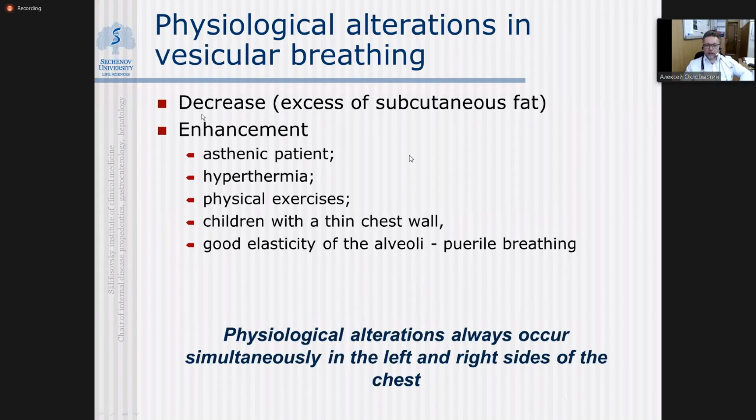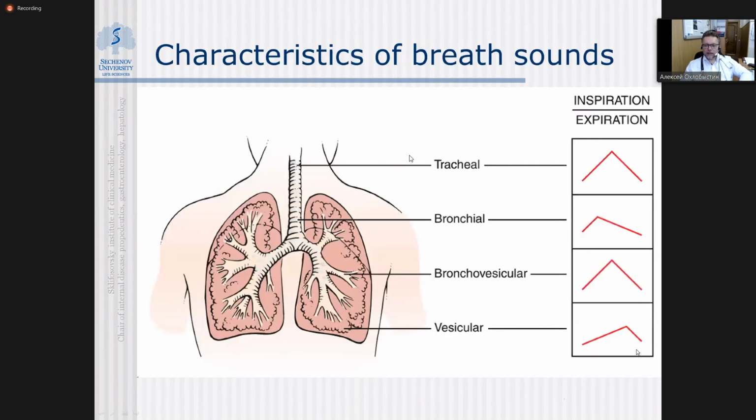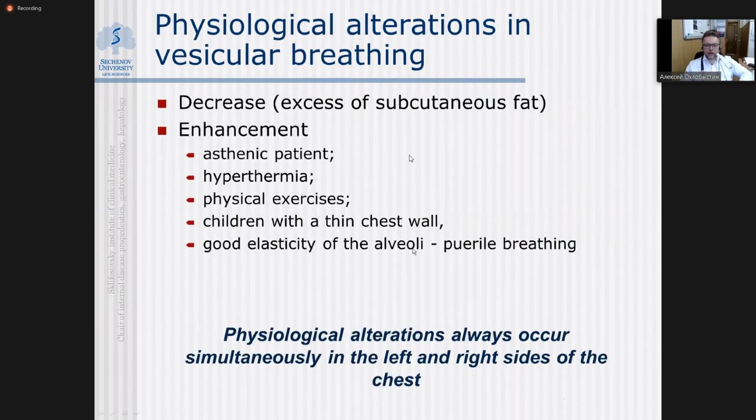Or it may be enhanced due to decreased thickness of the chest in asthenics and undernourished patients, patients with severe nutritional deficiency, with atrophy of muscles, with loss of the normal fat layer. You'll get physiological enhancement of vesicular breathing, an absolutely normal sound, but it will be heard better than in a typical, healthy patient. There may also be some enhancement of vesicular breathing after physical exercises.